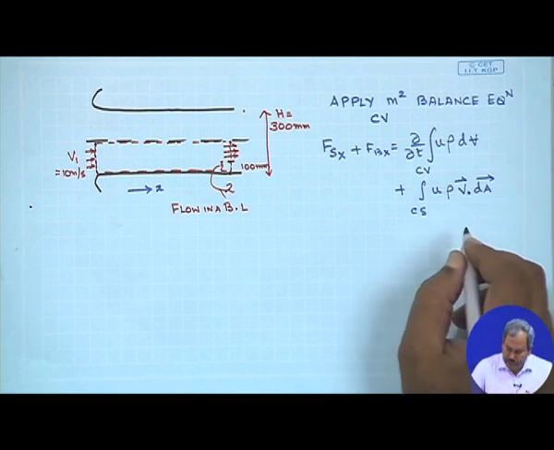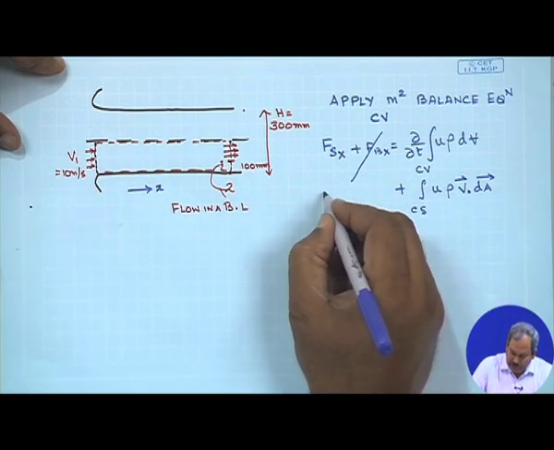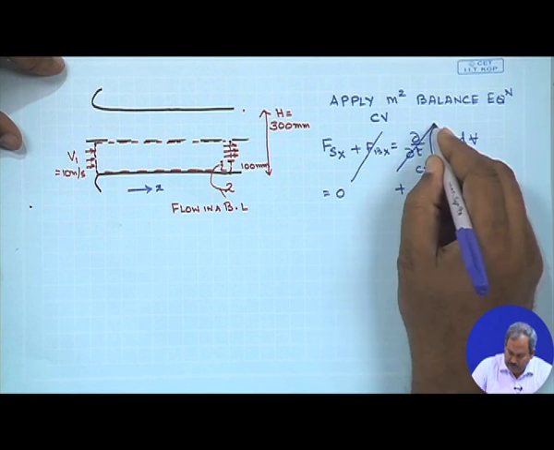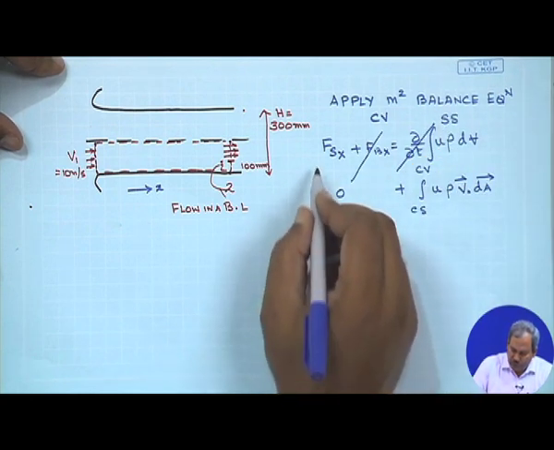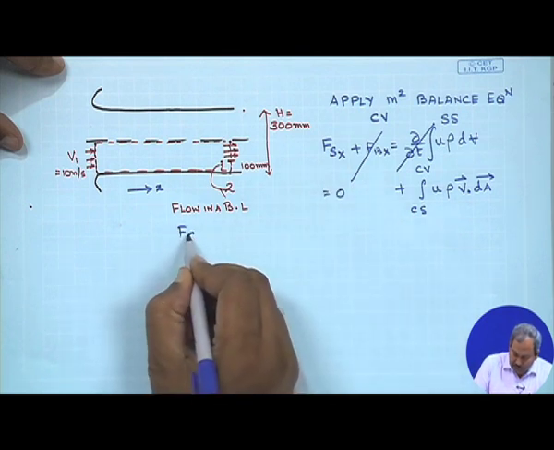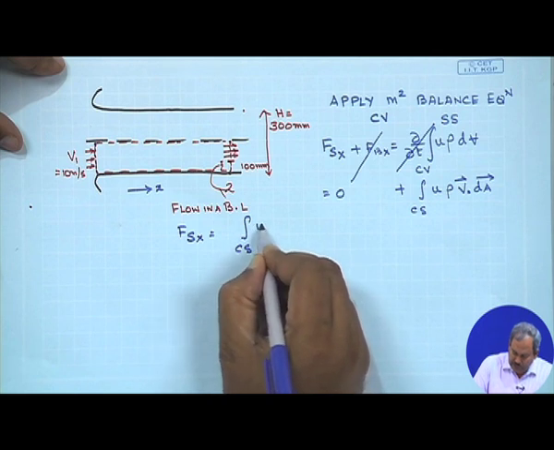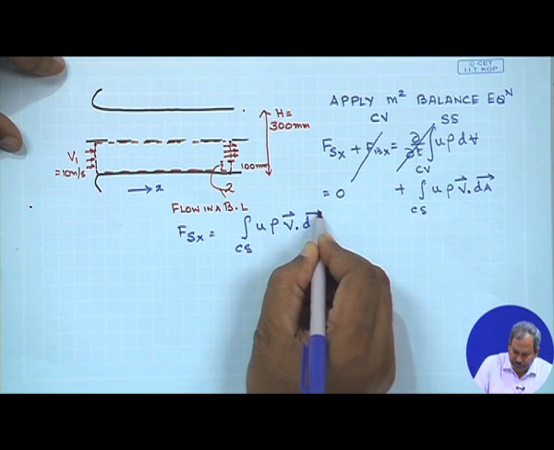And we realize that for this horizontal duct case, Fbx is 0 and this is 0 since it is a steady state problem. So, I have my reduced equation as Fsx equals the integral over the control surface of u rho V dot dA.